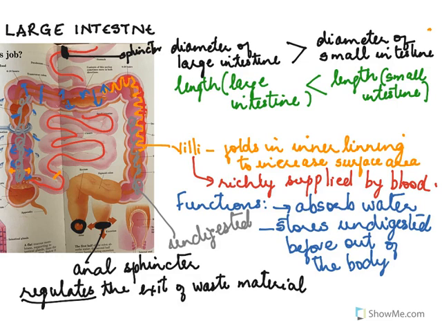It makes sure that small quantities of food enter into the small intestines. Because the small intestines are narrow, they cannot receive a large amount of food all at once. So the sphincter muscles present between the stomach and the small intestines regulate the entry of food.